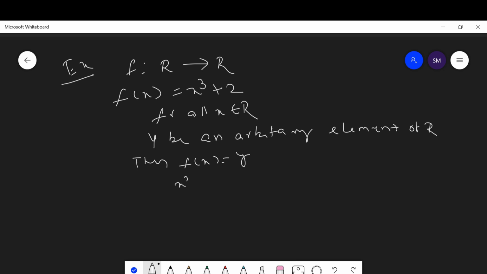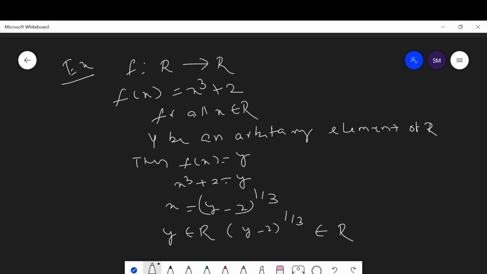This means x cubed plus 2 is equal to y, which implies that x is equal to (y minus 2) to the power 1 upon 3. This clearly says that for each y belonging to R, (y minus 2) to the power 1 upon 3 is also a real number.